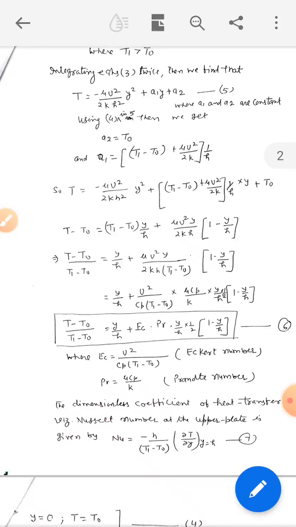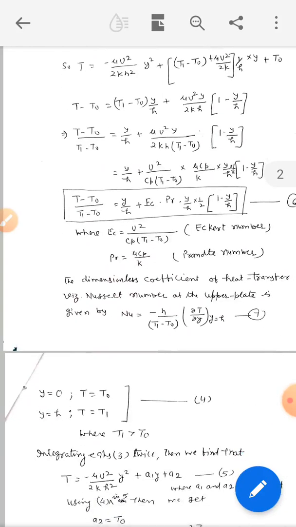So this becomes (T minus T0)/(T1 minus T0) equals y/h plus Ec Pr (y/h)(1/2)(1 minus y/h). This is equation number 6.